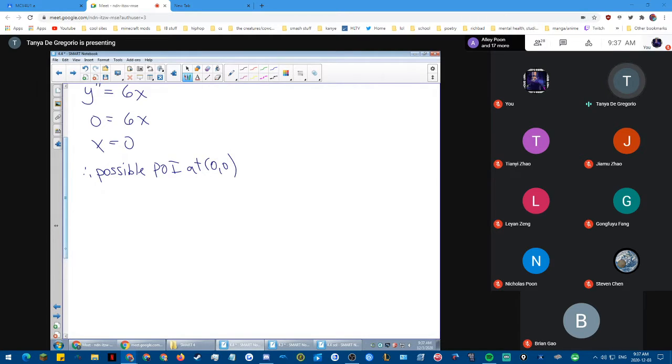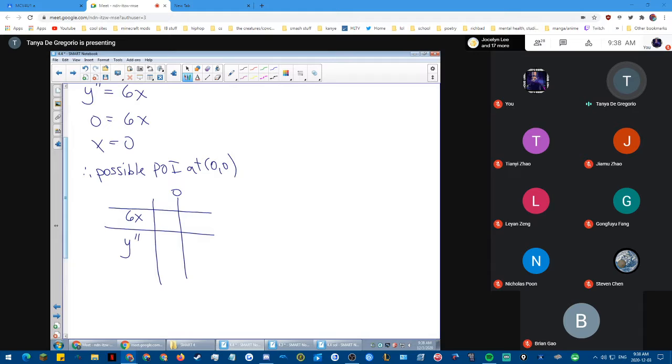Good. Okay, so how are we going to test? We are, once again, going to use an interval test, because I want to test where it's negative and where it's positive. So I'm going to check to the left and to the right of where the second derivative is equal to 0.